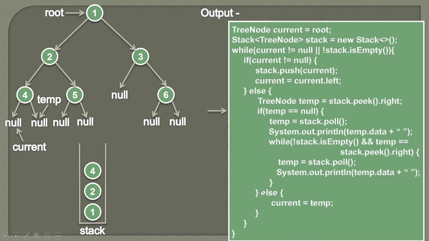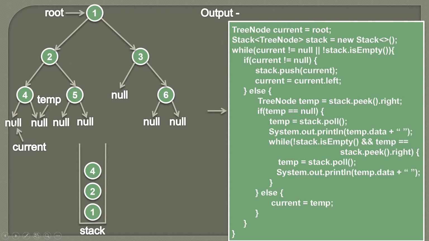Now here we are given two conditions, whether temp is equal to null or temp is not equal to null. Why we have provided this condition is because, let's say if current is pointing to null, then we need to somehow check whether this null value is on the left side of node 4 or on the right side of the node 4. So in order to verify that thing, we created this temporary node.